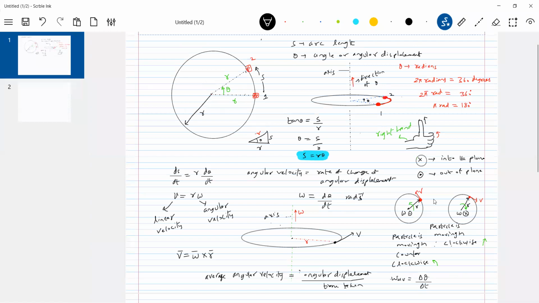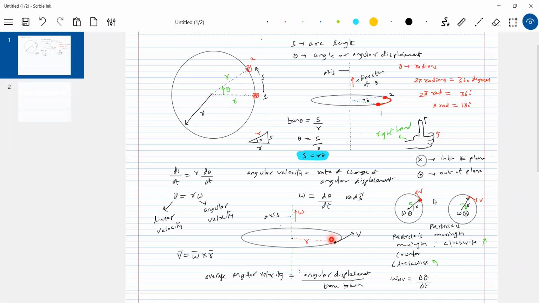Whenever I discuss circular motion, I'll be taking help of i cap, j cap, because what is the best way of describing a vector quantity? Omega is a vector quantity, r bar is a vector quantity, and v bar too. All three quantities are vectors, and they have direction. So it's always advisable to go for unit vectors.